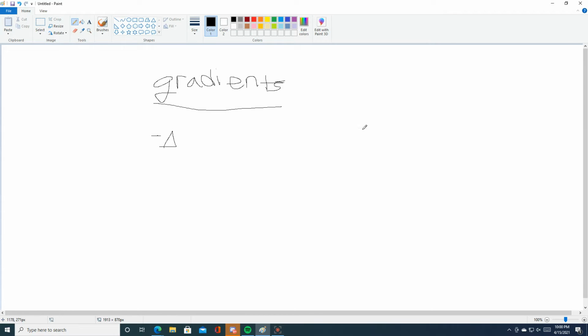So let's say there's a hiker. Let's say this dot is the hiker, and he's in the basin of a mountain, and every direction goes up. He wants to find the fastest way he can get up.